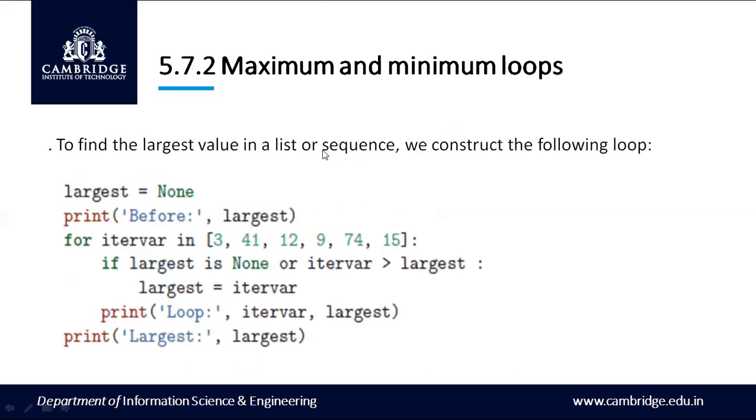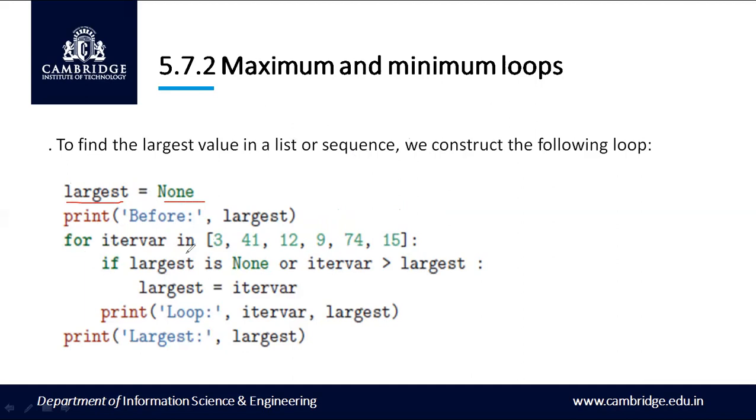The looping statements can also be used to find the maximum and minimum. Here I have an example demonstrating the maximum of the numbers. I have taken a variable called largest, and I have given the value as None.